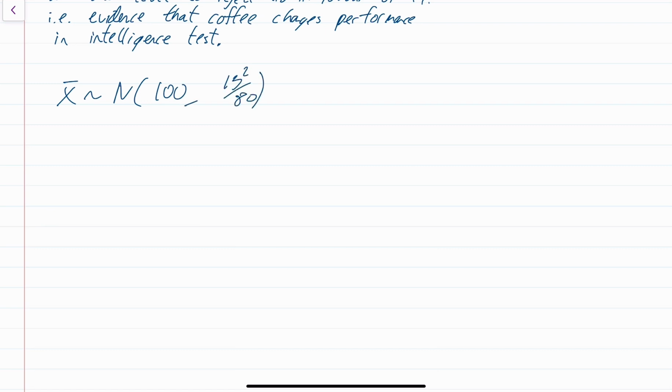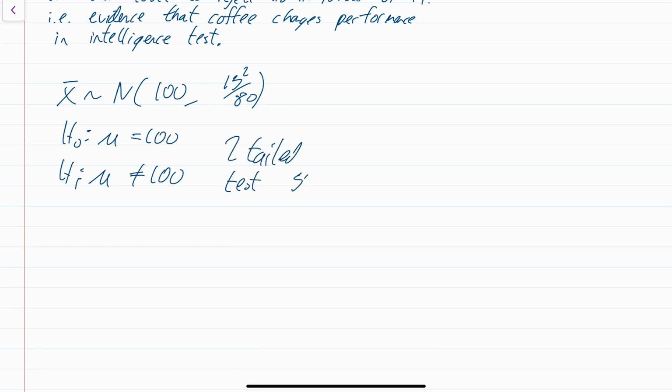And we know our test value was: H0 was mu is equal to 100, H1 was mu is not equal to 100. So again, you'd just say it's a two-tailed test at 5% level. We're whizzing through this.